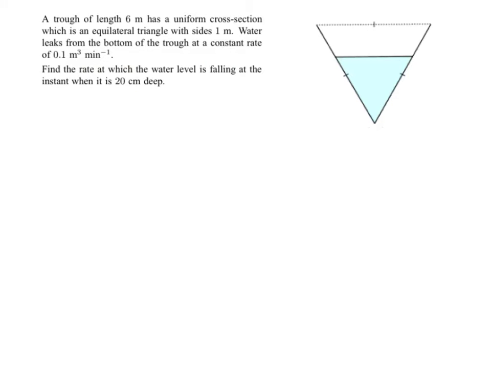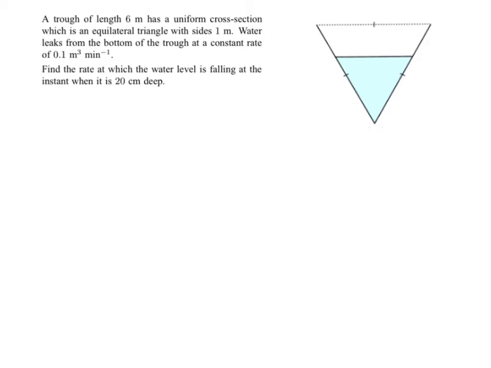So here we look at a problem which requires the use of most of the theorems and properties, and also allows us to use the steps to solve the related rates problem. The trough has length 6 meters, has uniform cross section, and it is an equilateral triangle with sides 1 meter.